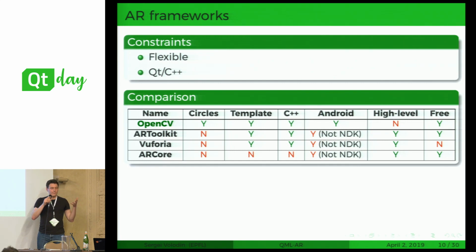However, we have failed to find a clear way to take a new marker type and integrate it with Qt and with that framework, specifically because there was a lack of NDK support. Maybe somebody in the audience would correct me, but when we did this research, it came up that none of these libraries can support Android NDK and Qt together in a good way.